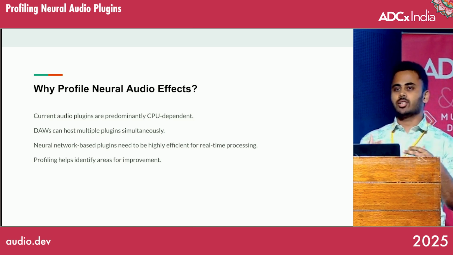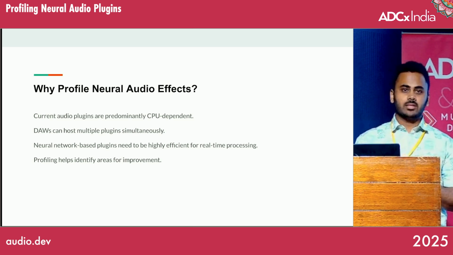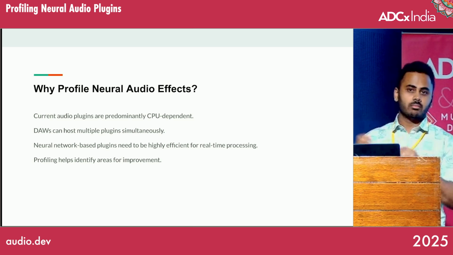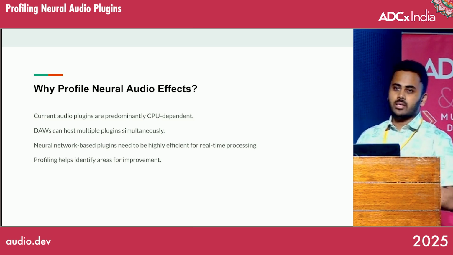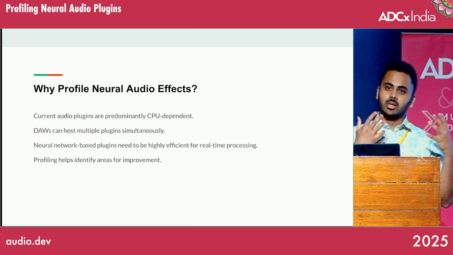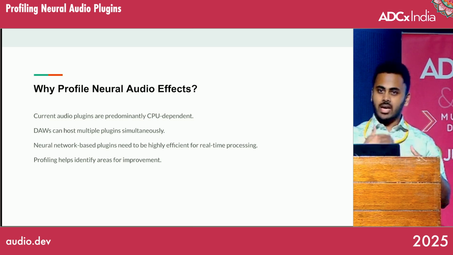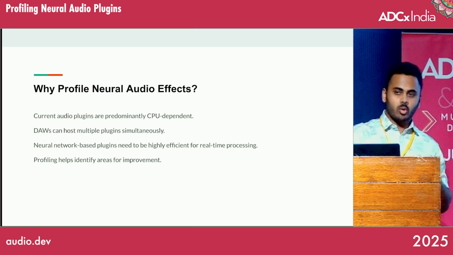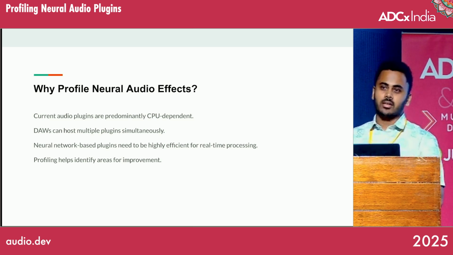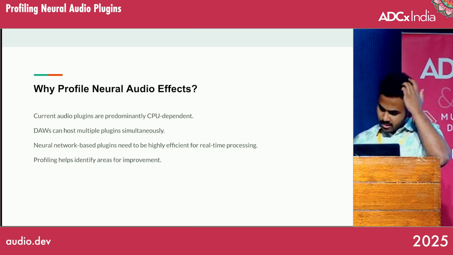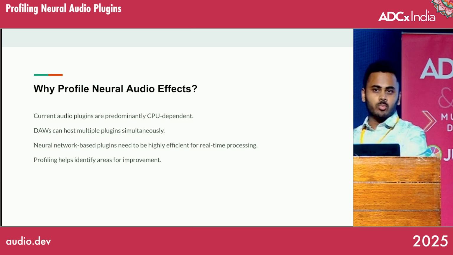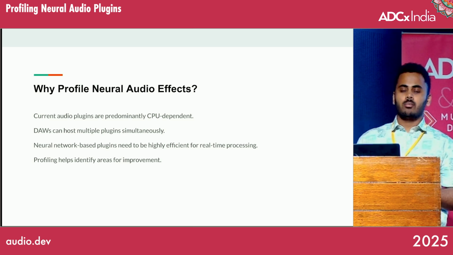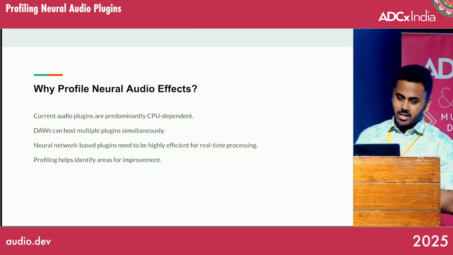Even if you're a researcher and you've built a nice morphing model, and you want to bring it to the creators, the only way is to make it a plugin which has to run in real time: take a small buffer, process it, send it back. Even though there are companies like GPU Audio working on bringing GPU processing into it, we are still mostly reliant on CPU. So performance is very much a key factor here.